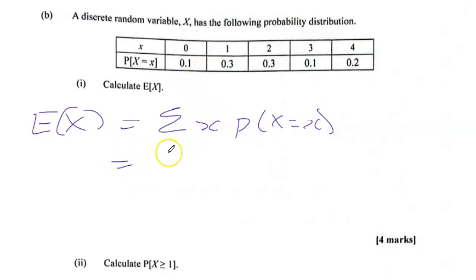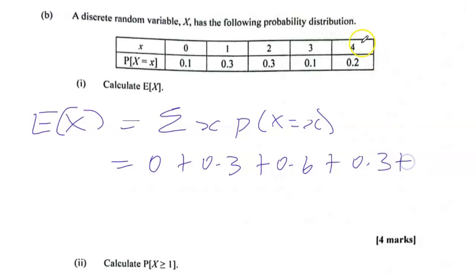So 0 times 0.01, that's 0, plus 1 times 0.3, that's 0.3, plus 2 times 0.3, that's 0.6, 3 times 0.1, that's 0.3, and 4 times 0.2, that's 0.8. We sum these values, and we end up with 2.